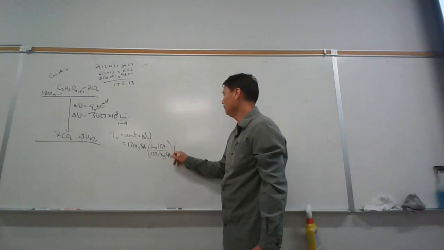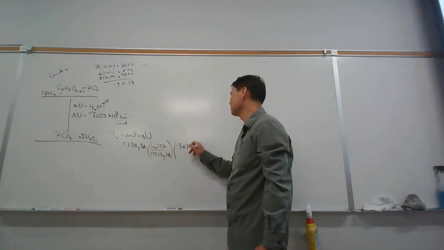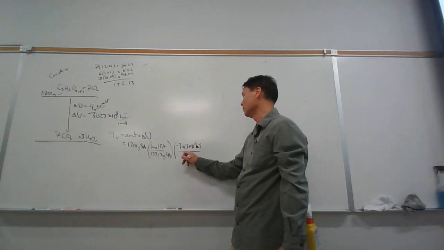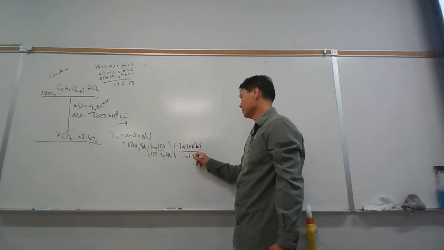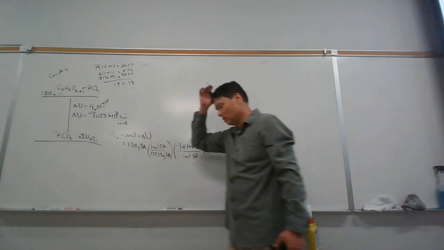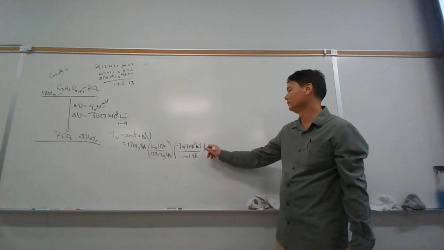All right, times minus 3.023 times 10 to the third kilojoules, or 3,023 kilojoules per mole of salicylic acid, assuming that we have plenty of oxygen. You know, salicylic acid, it's got to be the limiting reagent here.